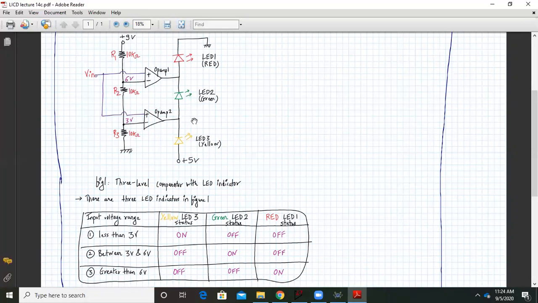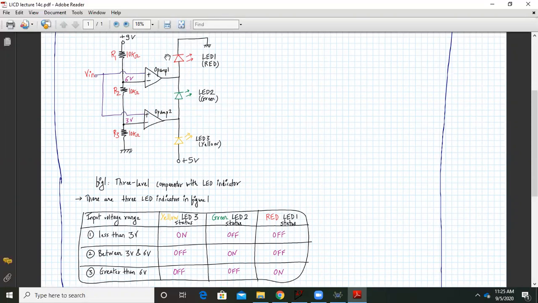Let's say plus or minus VCC is around 15. So plus or minus Vsat will be around 90% of VCC, that will be 13.5. So the output of op-amp 1 is minus 13.5, and the output of op-amp 2 is also minus 13.5. Now which LED will be on over here?